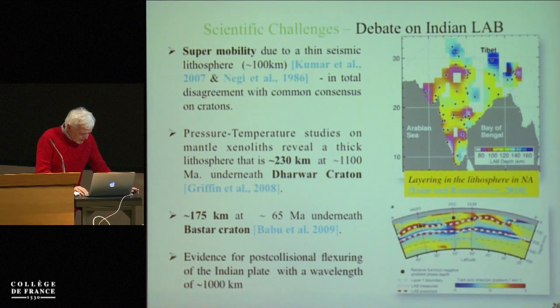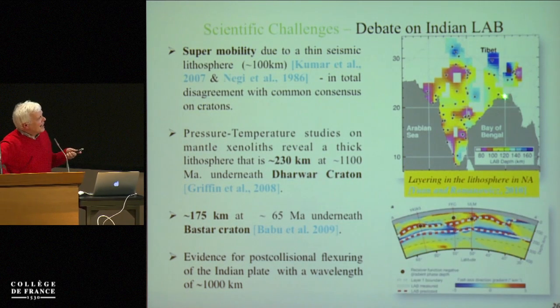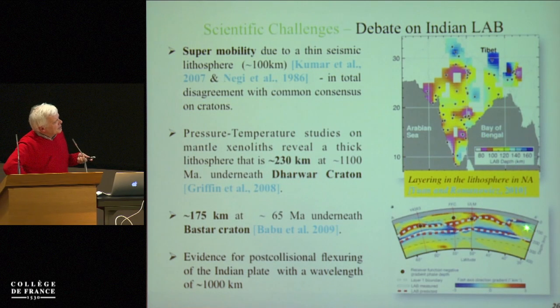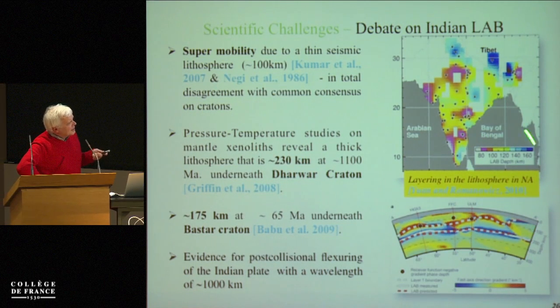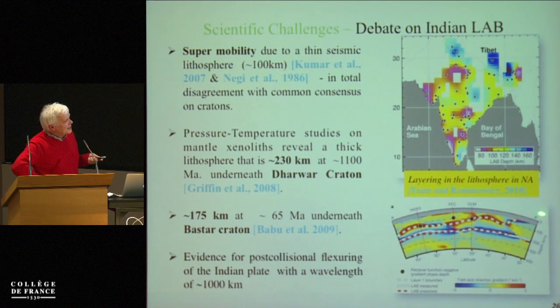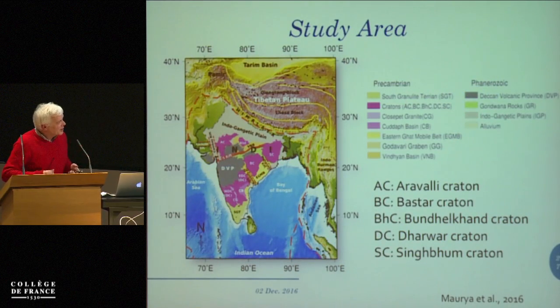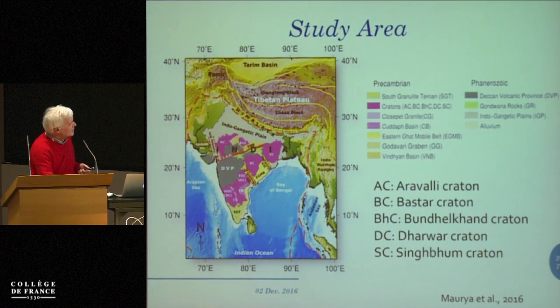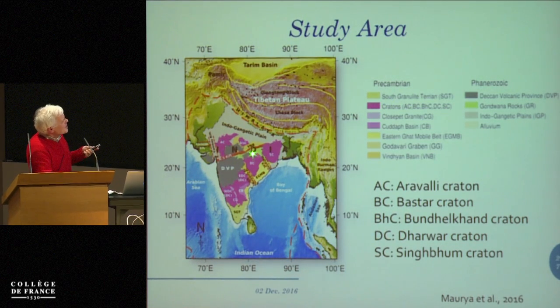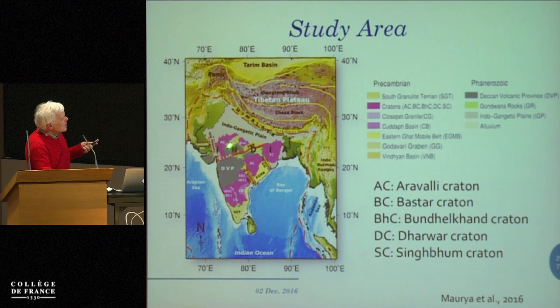Of course, as I told you, we have to think if we can make some comparison between the Indian continent and North America. The Indian continent is quite complex from the geological point of view. You see the cratons here in purple color, so you have at least 5 different cratons which can be separated by small rifts.